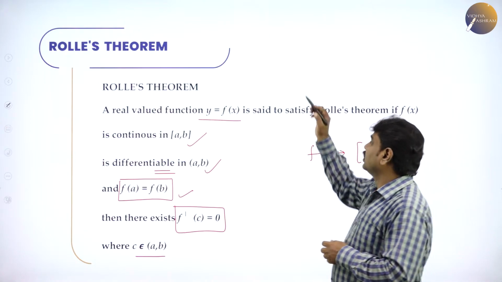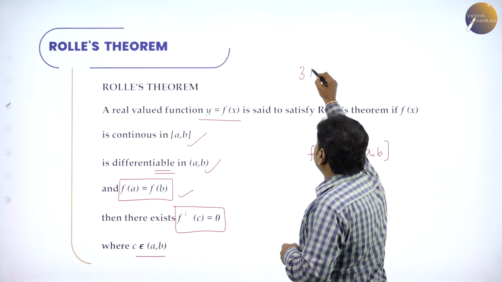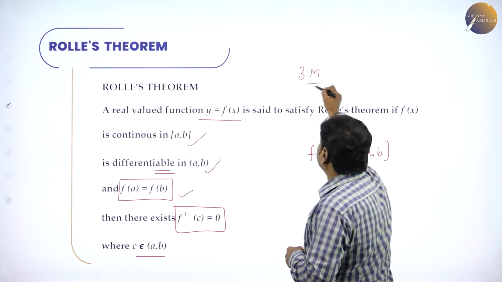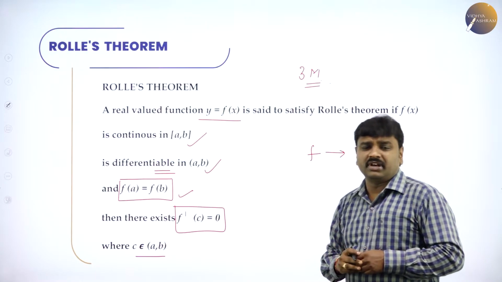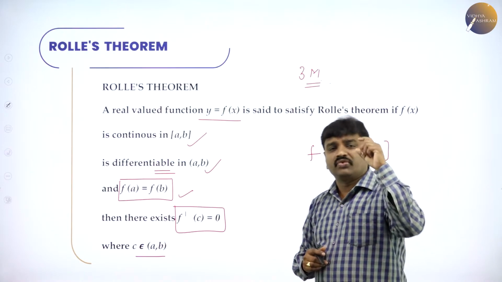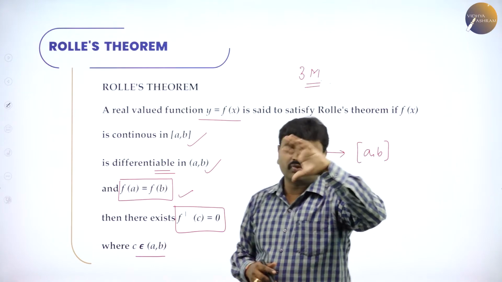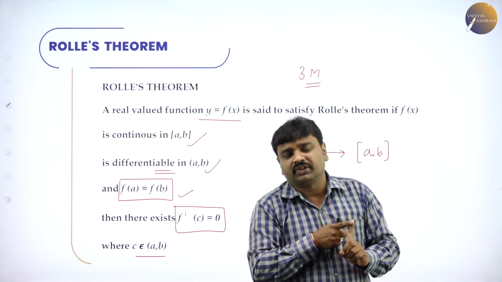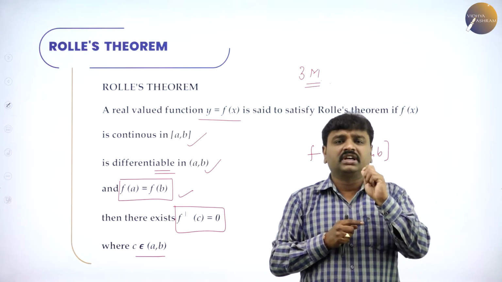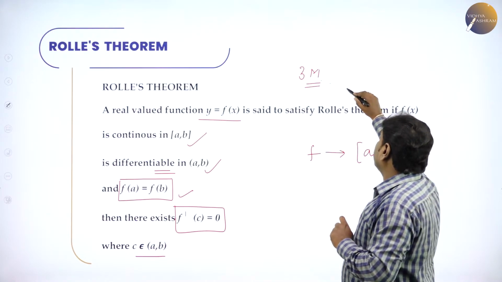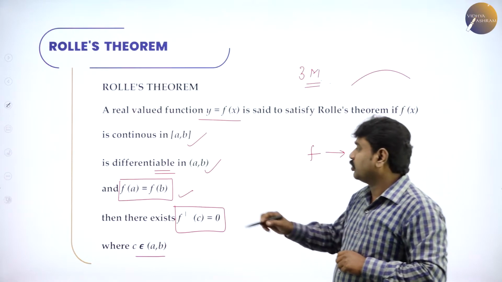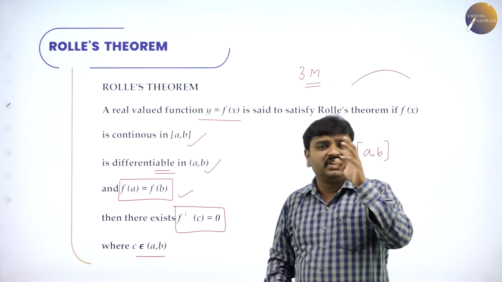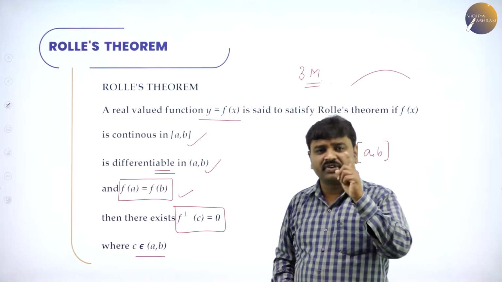See, compulsory for 3 marks. If you see the past board papers, many questions have appeared on Rolle's theorem and mean value theorem for 3 marks. They'll ask you to verify Rolle's theorem. When they ask you to verify Rolle's theorem, first thing you should see whether the function is continuous in closed interval. Means the graph should be continuous. It should be differentiable in open interval.